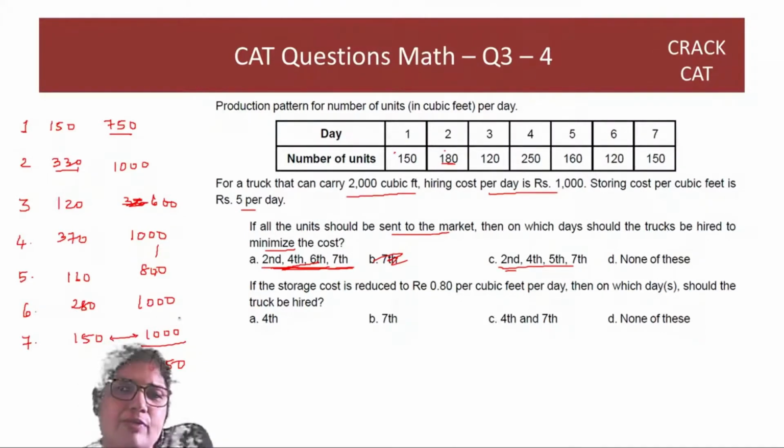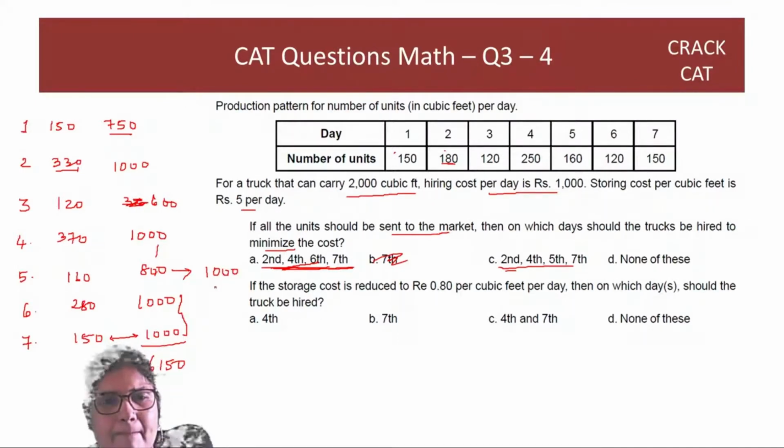If anyways we have to send everything to the market, instead of sending the truck on 2 consecutive days, why not send the truck here? So then what happens is your cost becomes 1000 here. Correct? This is 700. And then you have 1000 here also. So you are saying instead of having 1000, 1000, you're having 1700.